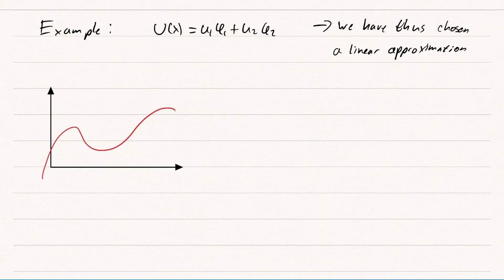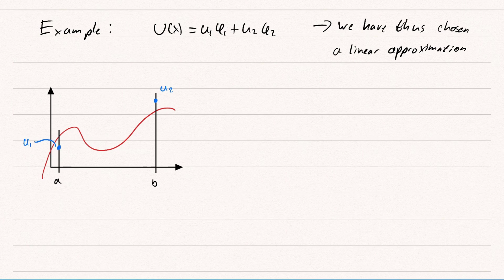Our region is here, this is A and this here is B, and our approximation is located between A and B. So let me take this further up, somewhere here, and the points that I'm drawing here are U2 and U1, and we need to find these.